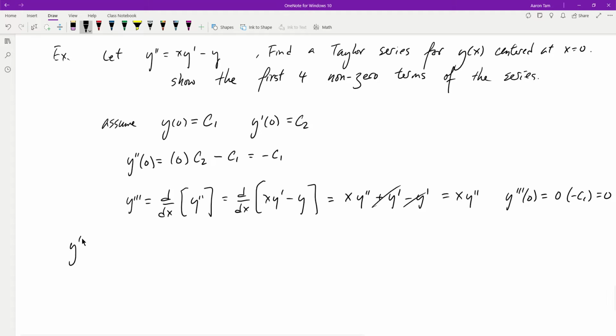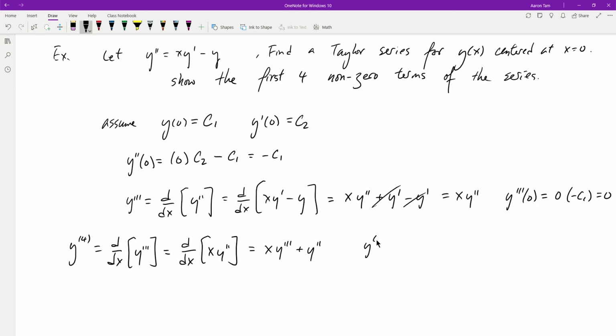So I'm going to do the fourth derivative, which is basically the derivative of y triple prime. That is the derivative of xy double prime. Which comes out to be, once again using the product rule, x y triple prime plus y double prime times 1, which is y double prime.